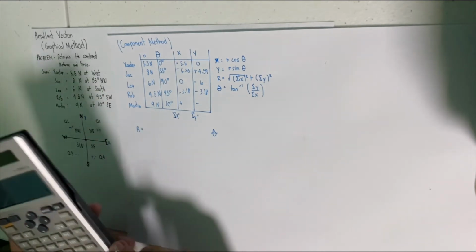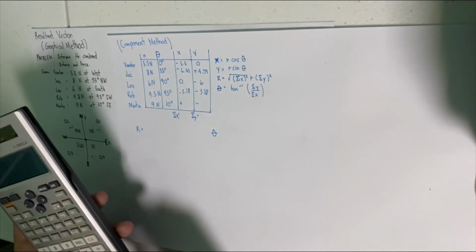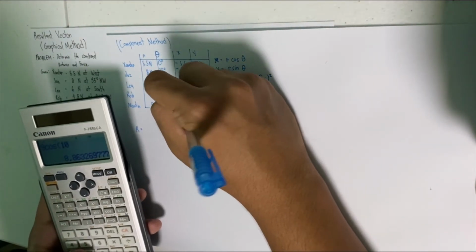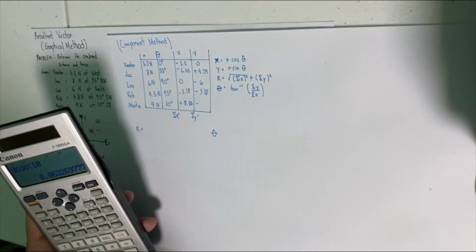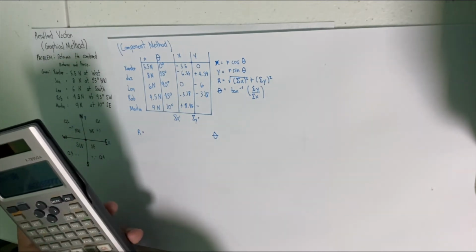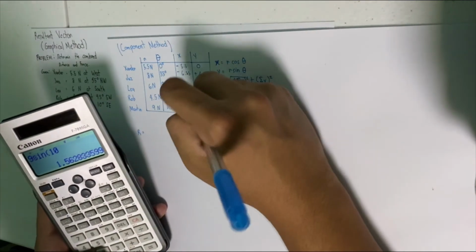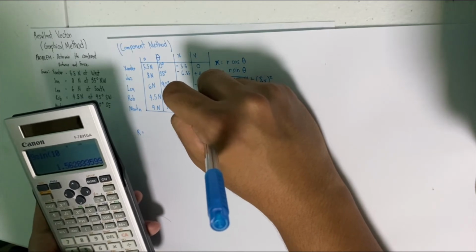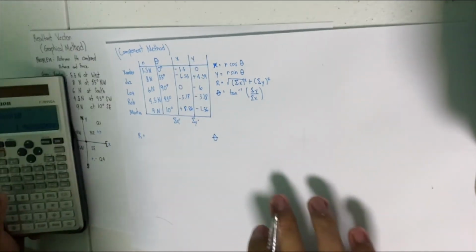So for this, 9 cos 10 is 8.86. And lastly, for the y it is sin, 1.56.